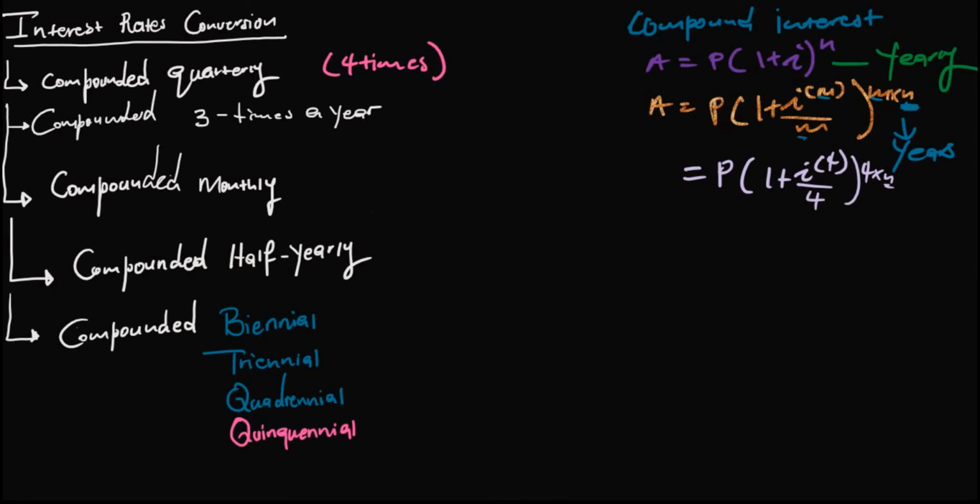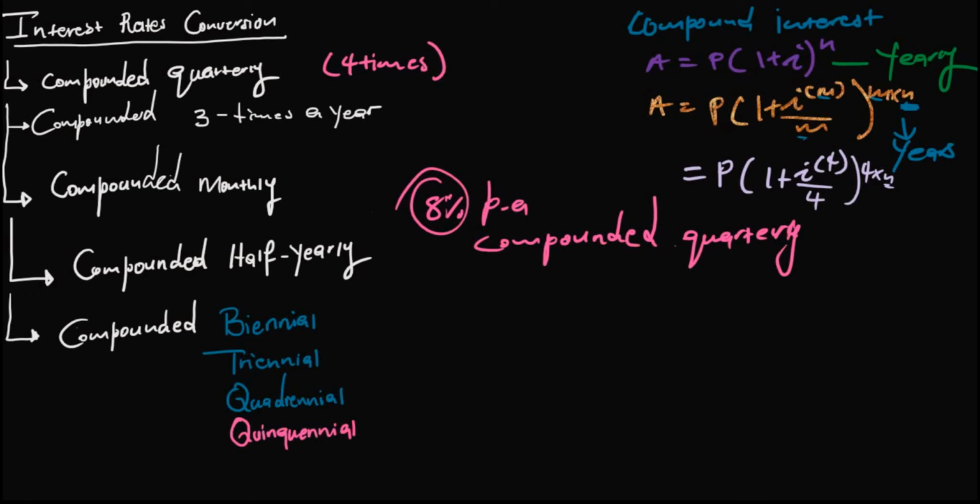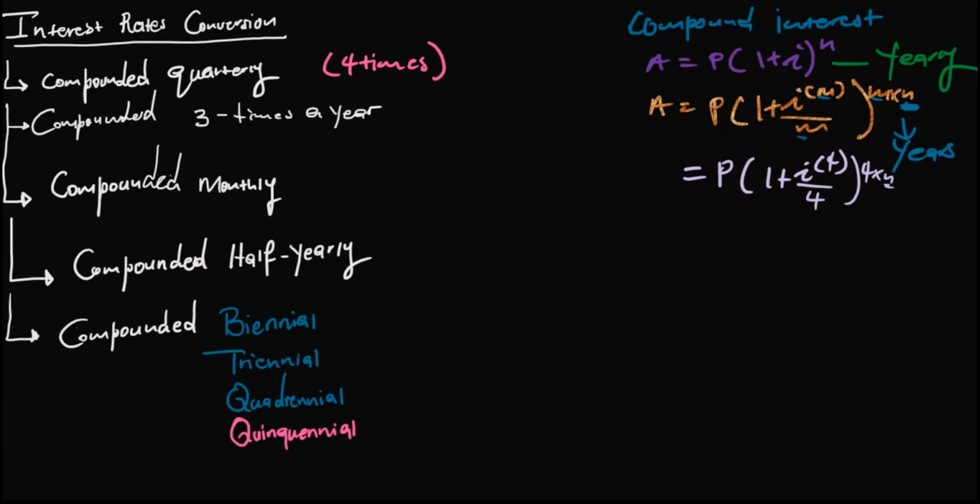Say our question is: you're given that interest is 8% per annum compounded quarterly. Then this 8% is your i(4), and you substitute that, and for years you're going to substitute it at n.